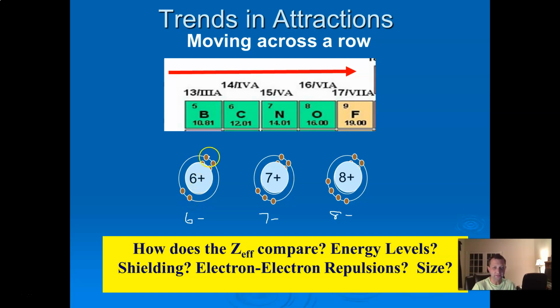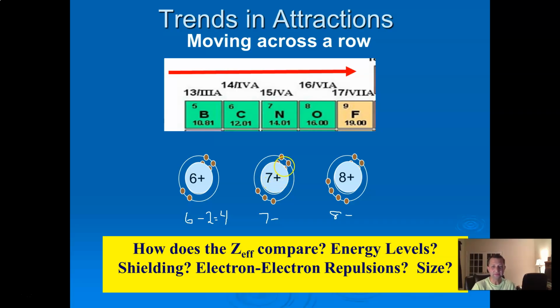Effective nuclear charge is nuclear charge minus shielding. So here are your valence electrons. You have 1, 2, 3, 4. You have 4 valence electrons in carbon. You have 2 shielding electrons. So 6 minus 2 gives you 4. We're going to forget about that repulsion factor because I don't know what it is for these. It's not going to make a huge impact.